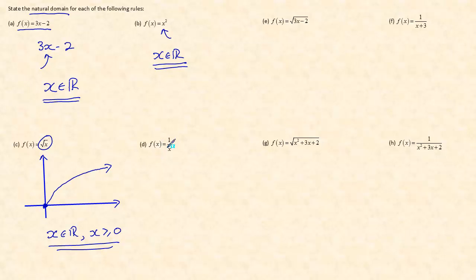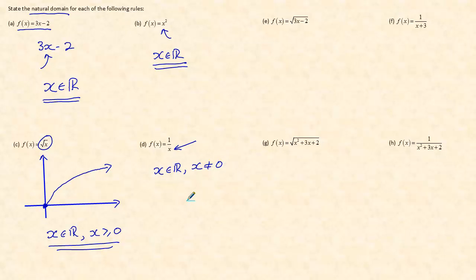Now, f of x is 1 over x. Think about what we're not allowed to divide by. You can never divide by 0. So every real value is okay here except for 0. So we have x belongs to the reals, x is not equal to 0.